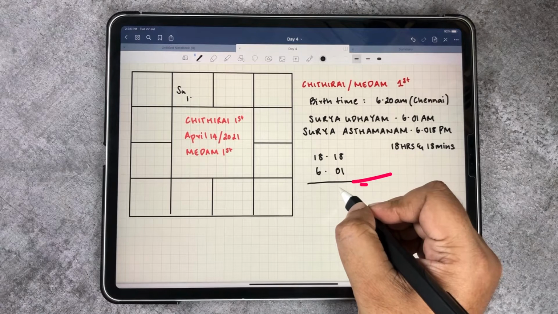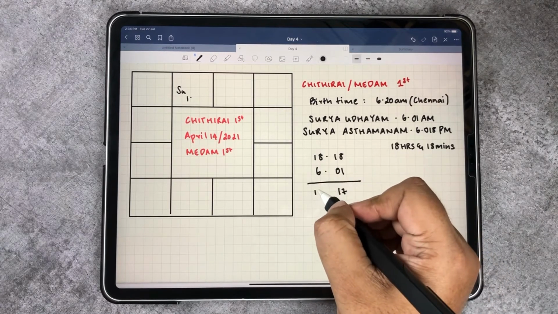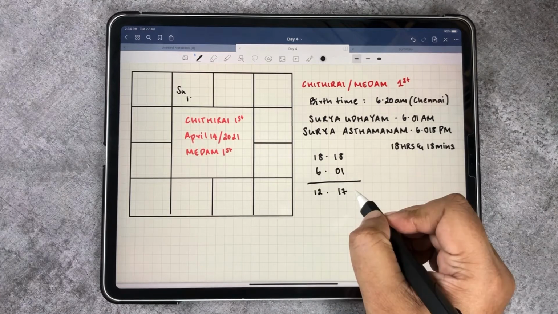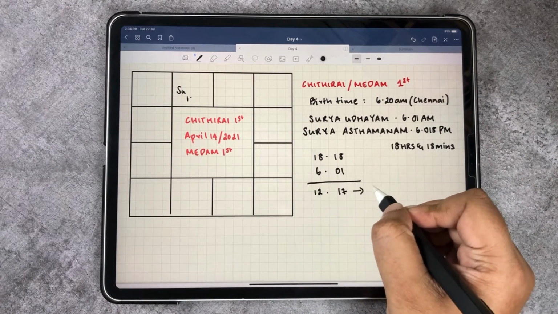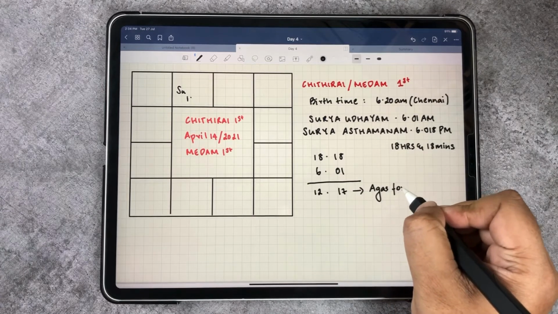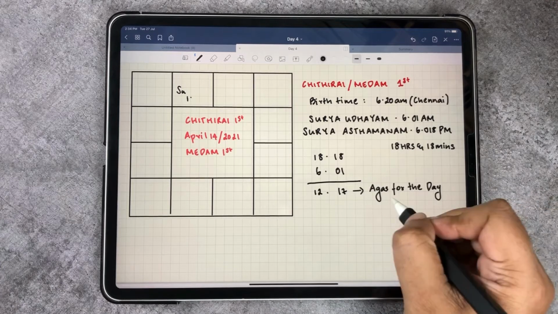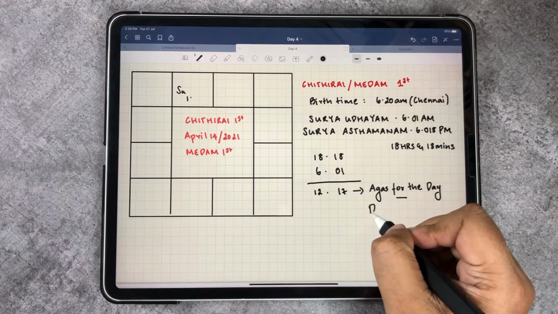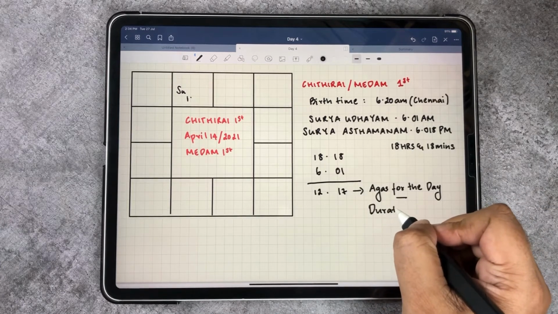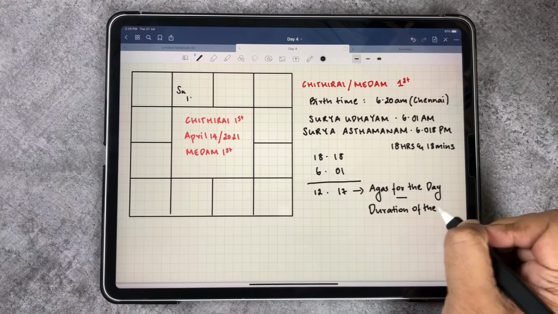So you would have 17 minutes here and 12 hours here. So this would be called as the Agas for the day, or the duration of the day.